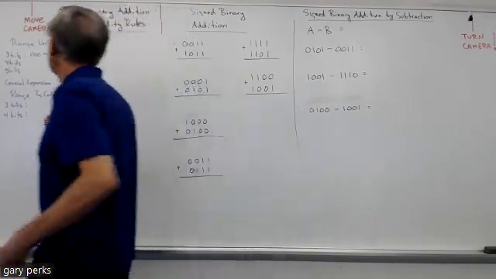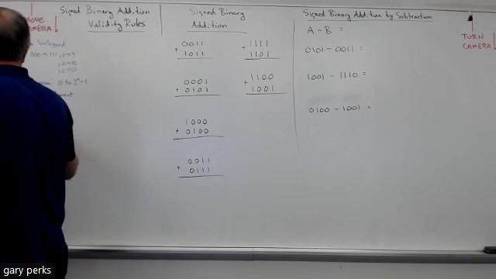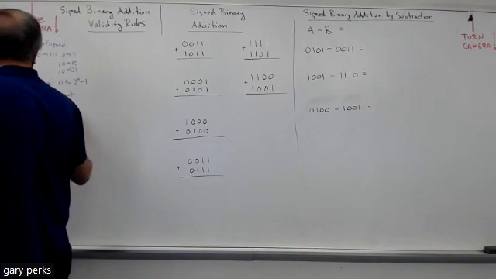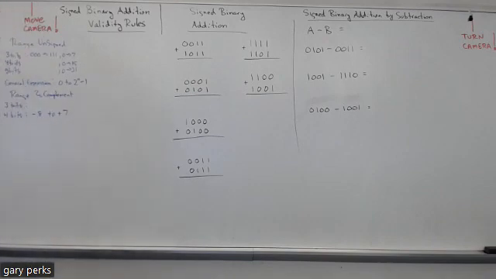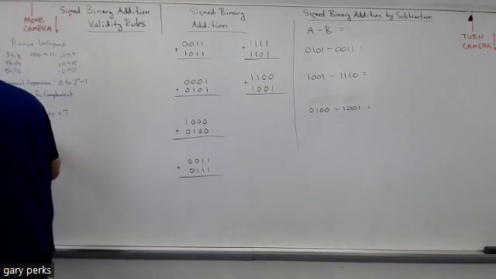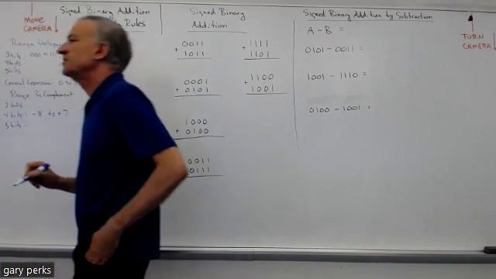-8 to +7. Okay, you look at that handout, see how -8 is the most negative and +7 is the most positive. What do you think the range would be if we had 5 bits?